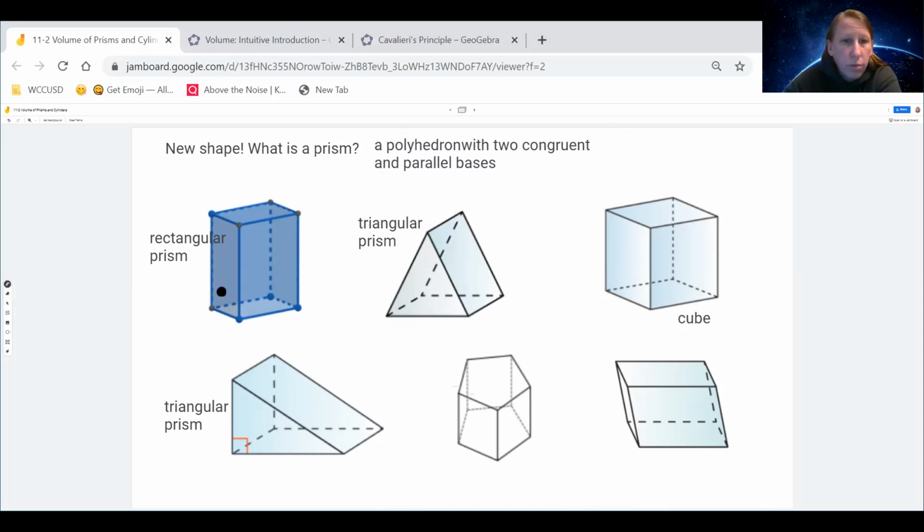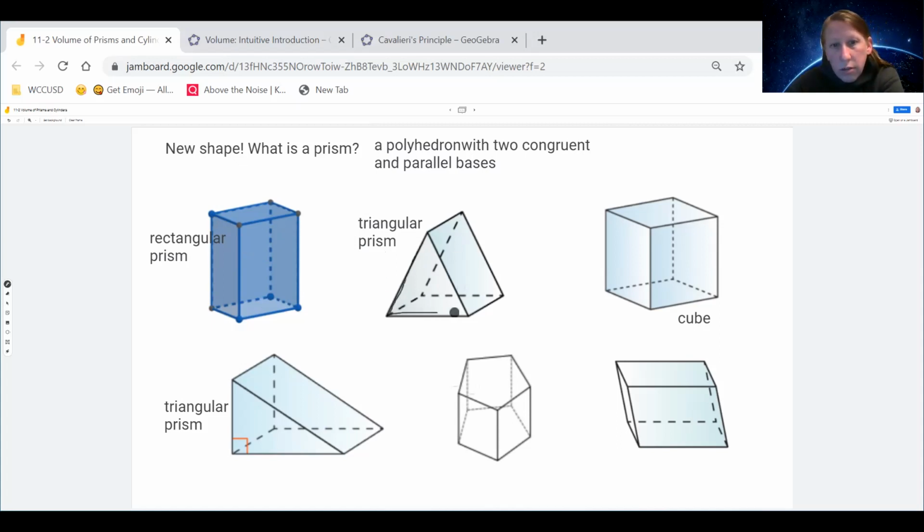In a rectangular prism, any two faces across from each other could be bases because there are three sets of congruent and parallel faces. But in this one, the bases are the triangles. So prisms have two bases.